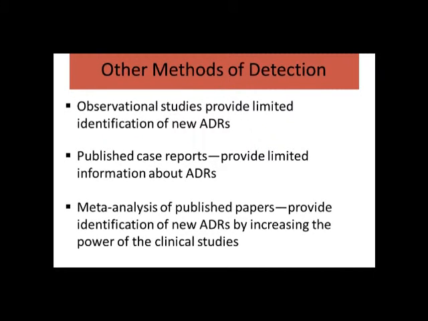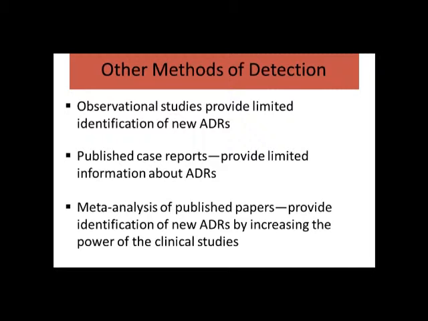Of course, there are few other methods of detection. We talked of observational studies, with limited identification of new ADRs. Some case reporting might occur. Okay, some physician somewhere in the world might prescribe a drug and come across a rare ADR, and he might publish it in journals. So it is a kind of reporting system, right?